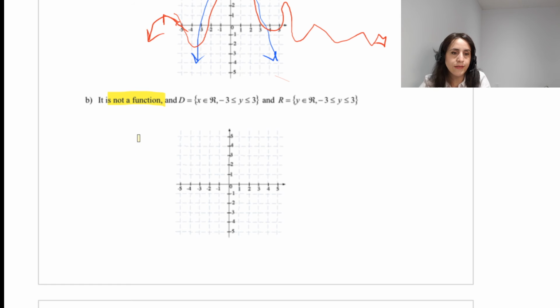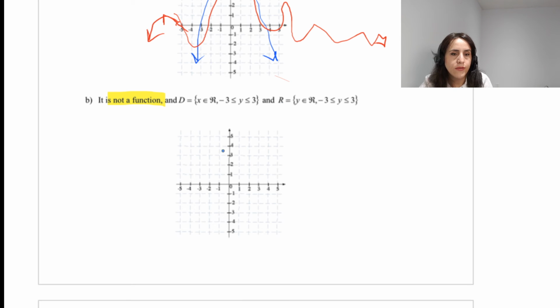Then you can draw anything that fails the vertical line test, and the domain is between these values.